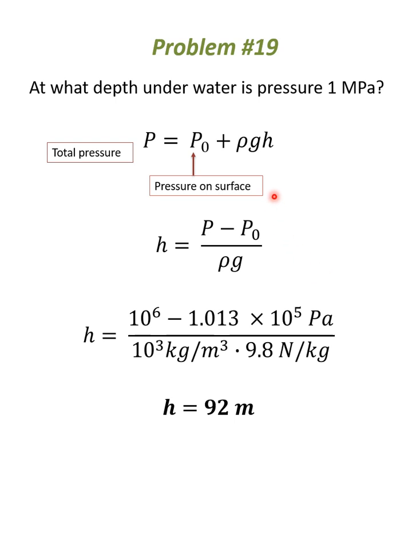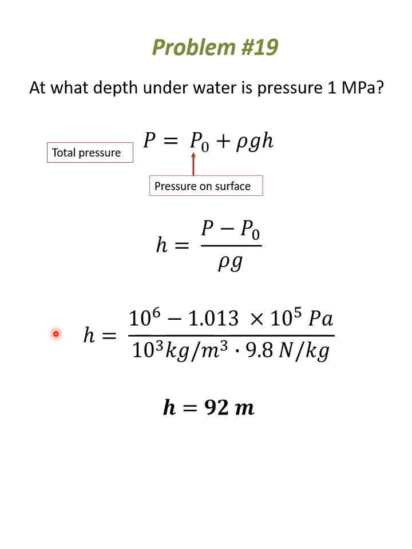And again, you can refer to example 15.1 that we looked at earlier. Let's look at this. We'll use this equation. The total pressure under the fluid is the pressure on the surface, and that's what the atmosphere adds, plus rho gh. So the density of the water times g times h. We want to solve for the depth h. So P minus P naught over rho g. P is the pressure that the problem gives, 1 megapascal.